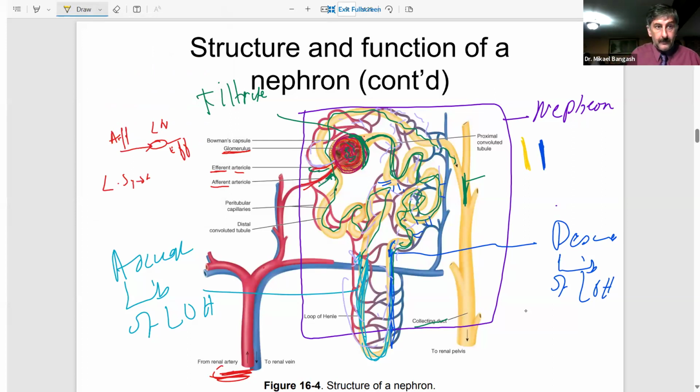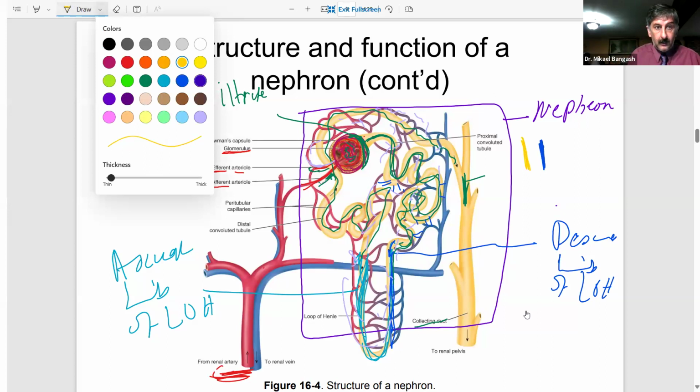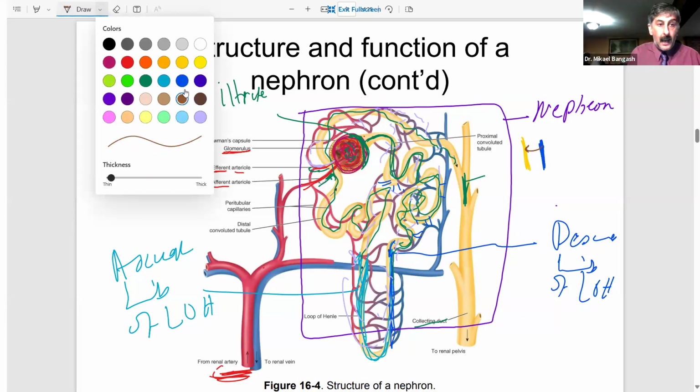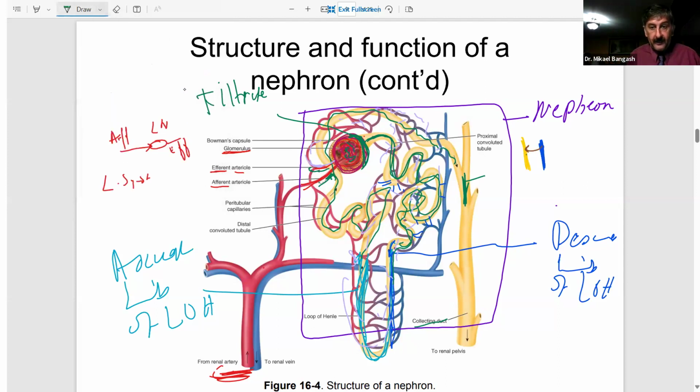Now there may be substances in the blood in your peritubular capillaries that your body may still not want, that may make its way to the tubules. Did that make sense? Likewise, what was it the tubules were carrying? They will carry filtrate.